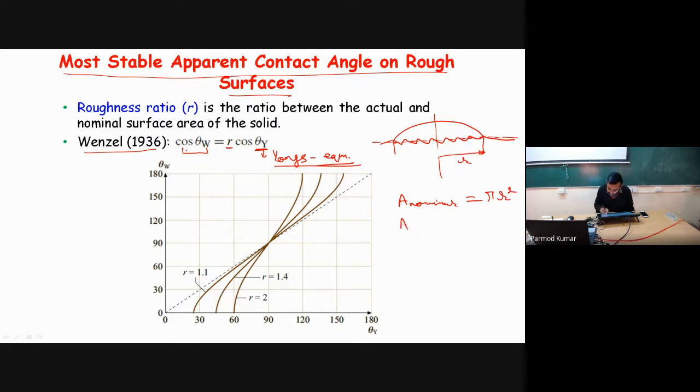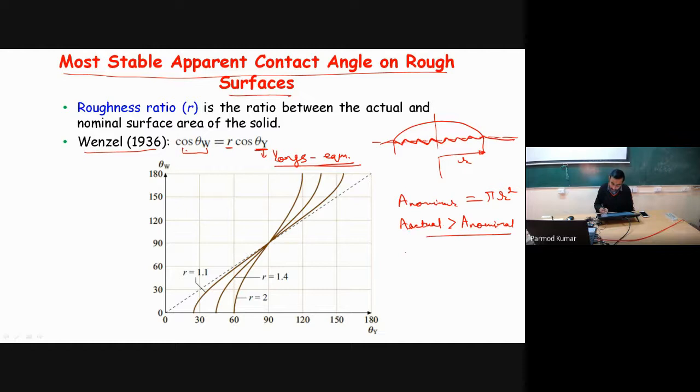However, the actual contact area will be larger than the nominal contact area, because here we are considering this to be straight, but in actual practice the contact is more because of the irregularities. So the actual contact area of the droplet will be greater in comparison to the nominal contact area of the droplet.